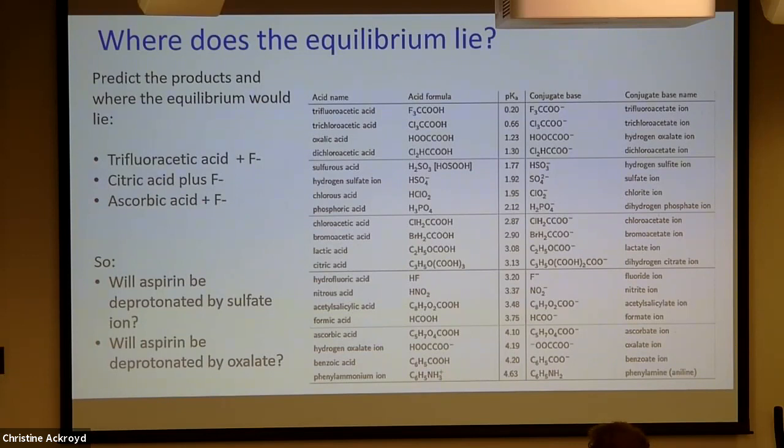What if instead of trifluoroacetic acid, we did citric acid? Citric acid, when it donates a proton, becomes citrate ion. You can figure out the formula structures if you want, but you don't really have to. Plus HF. Where's citric acid on the table? Citric acid has a pKa of 3.13.